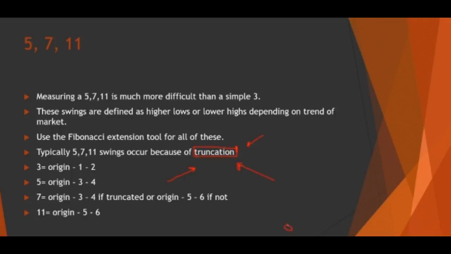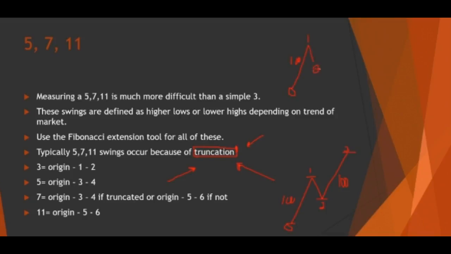We just talked about in a 3-swing market, we have origin to 1, 1 to 2, 2 to 3. And all we're doing in that market is measuring this to this. The distance from origin to 1 is equal to the distance of 2 to 3. Say this is 100 pips, then of course this is 100 pips. What a truncated market means is very similar, but we have origin to 1, say this is 100 pips.